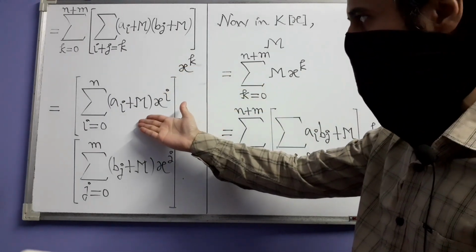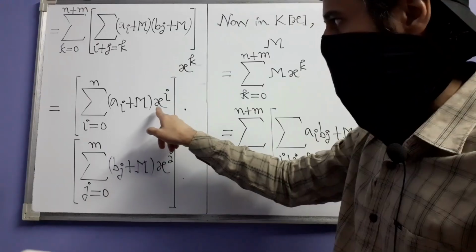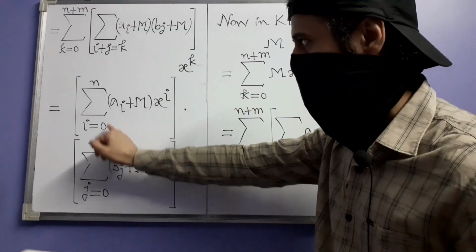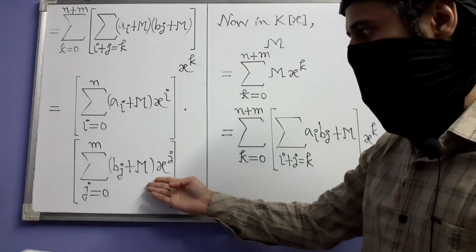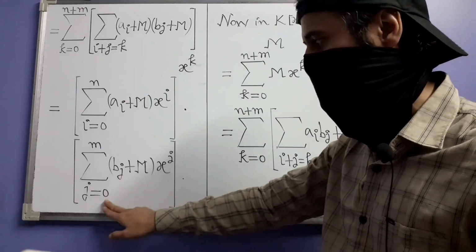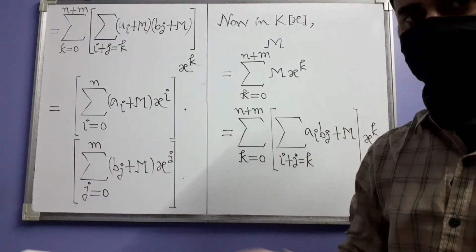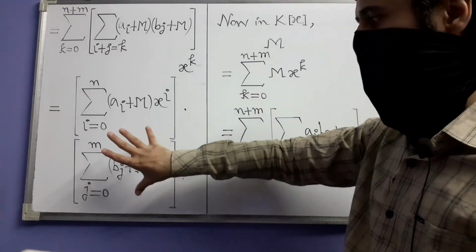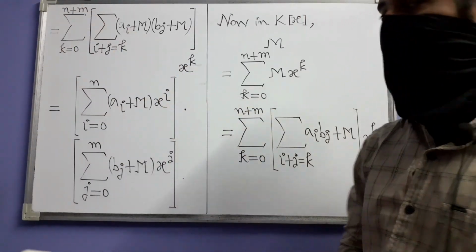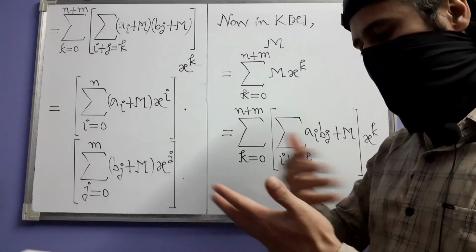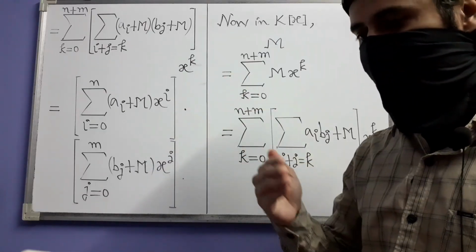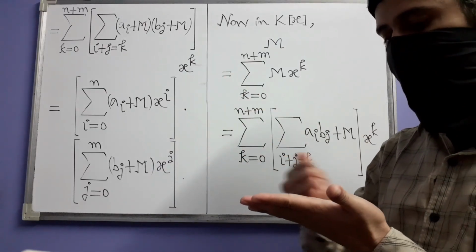One of them is this, where the coefficient of the ith term is the coset ai plus M as i goes from 0 to n, and the other one is this, where the coefficient of the jth term is bj plus M, where j goes from 0 to m. I mean, you can see it for yourself. When you multiply two such polynomials, you introduce a new index k, and then after doing multiplication, you gather like terms, that is, you gather those powers of x where the exponent is the same.